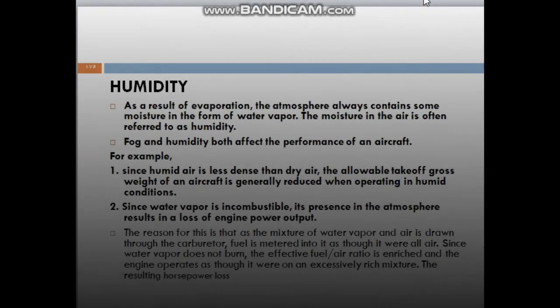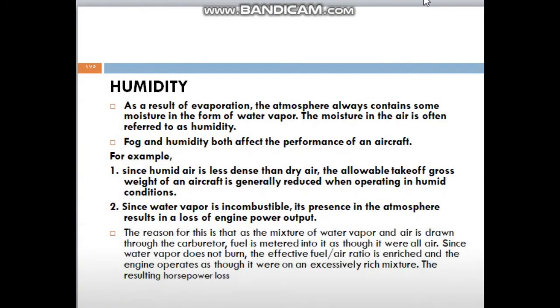Humidity. As a result of evaporation, the atmosphere also contains some moisture in the form of water vapor. The moisture in the air is often referred to as humidity. So humidity is the moisture in the form of water vapor in the air.